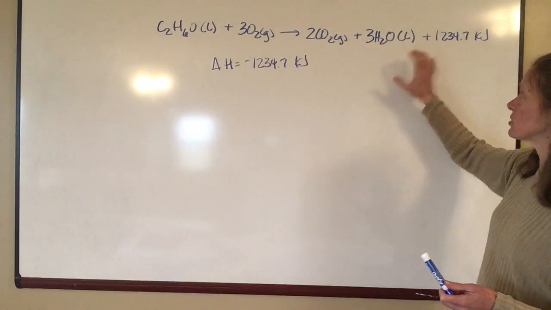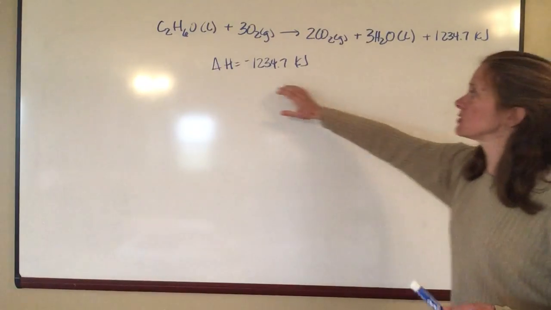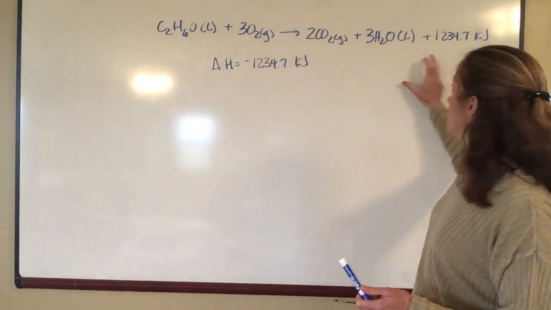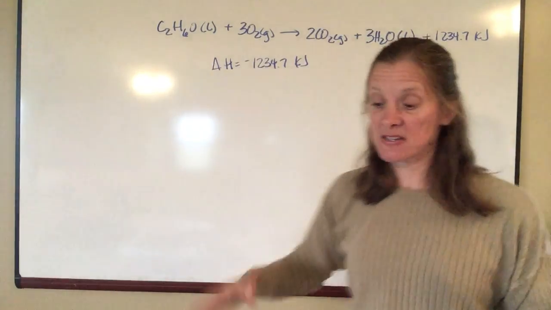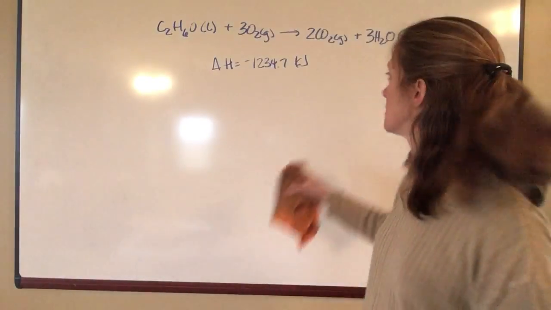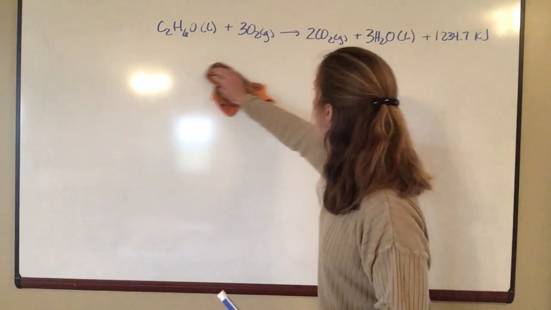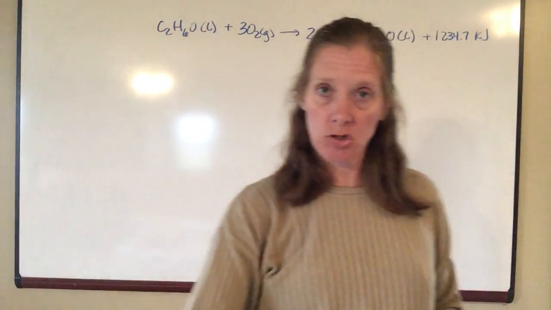So therefore, because we're giving off heat, this now has gone from a negative number to a positive number, and it goes on the product side because that's a product of a combustion reaction, is a lot of heat. So I'm actually going to put that on the product side of my reaction.